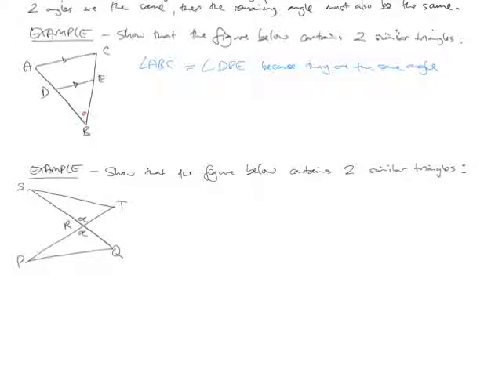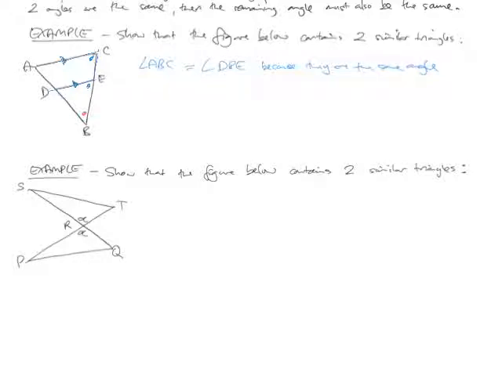Now, these two lines are parallel, so they go straight in line with each other. If you draw a line straight through them, this angle here, that's blue dot, and this angle here will be exactly the same angle.